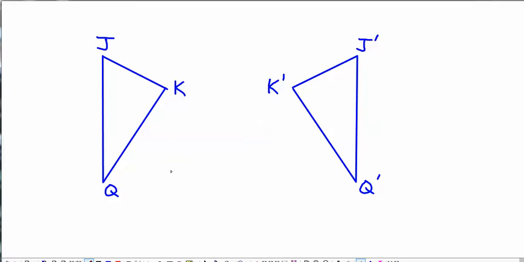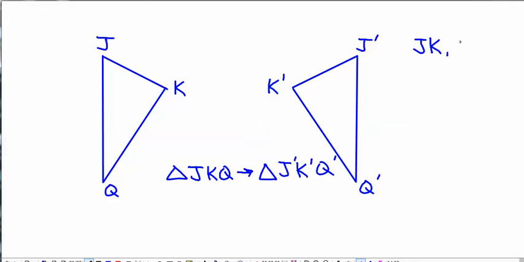A transformation statement could be triangle J, K, Q transform to triangle. Help me. Good. Okay. If you had to name a pair of corresponding sides, JK and J prime, K prime.